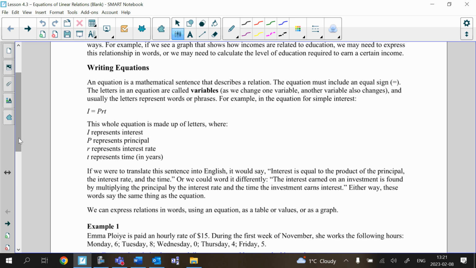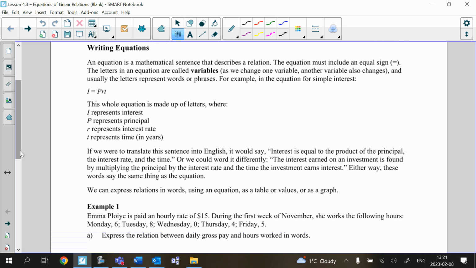And so we're just going to talk about the different ways that you can show linear relations. And one way is using an equation. Another way is just using words. And another couple of ways we've already done is using a table and then using a graph. So we're going to talk about those 4 ways to show linear relations.